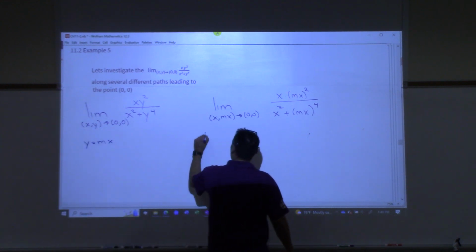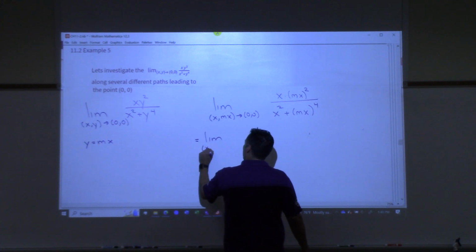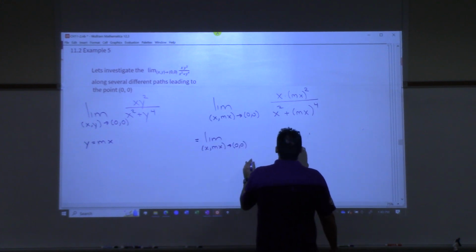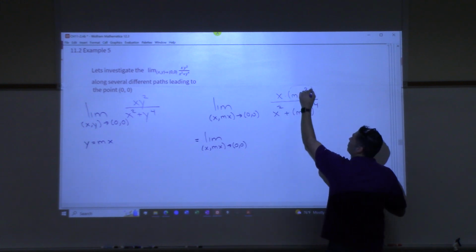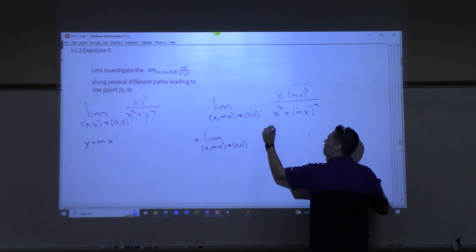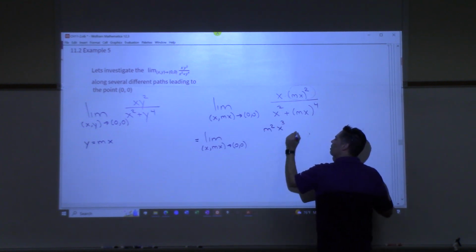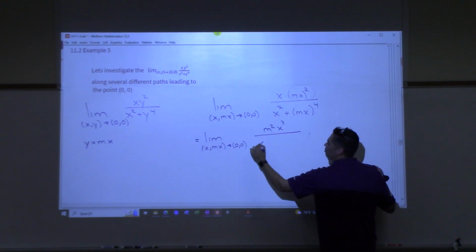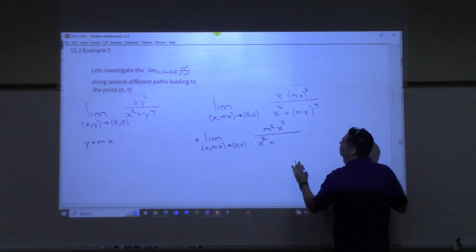So this equals the limit as x, mx approaches 0, 0. On top, when I square this, I square the m and the x, and then I hit it with that x that's in front. So I get m squared x cubed over, and on the bottom, I get x squared plus m to the 4th, x to the 4th, right?